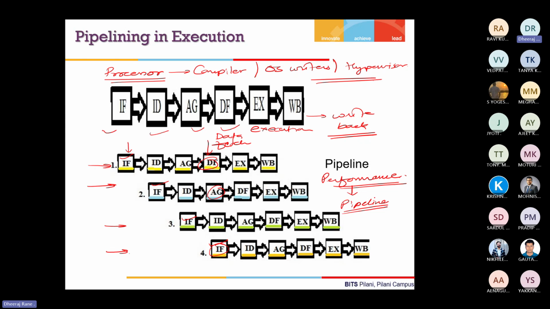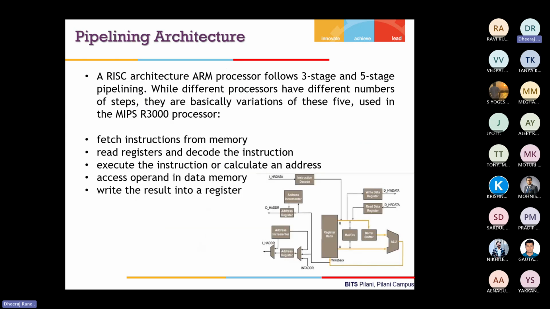Ultimately, if we can execute multiple instructions, that would definitely be better. If you take the example of the ARM processor, which is based on RISC architecture, it follows three-stage and five-stage pipelining.